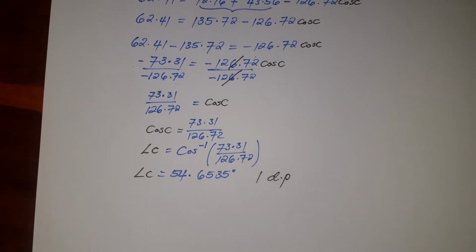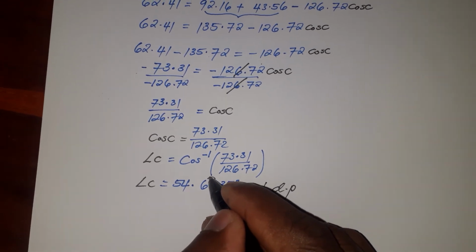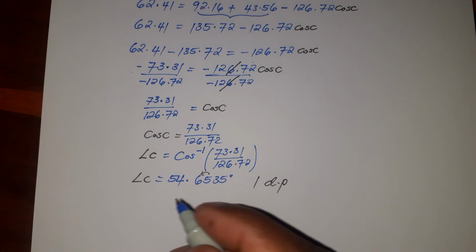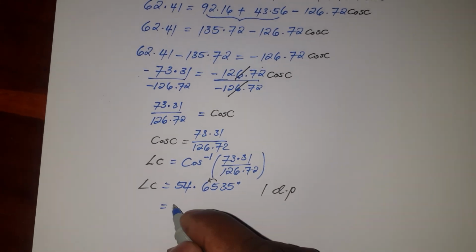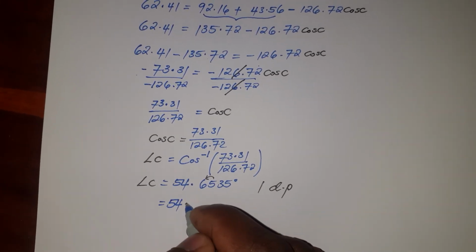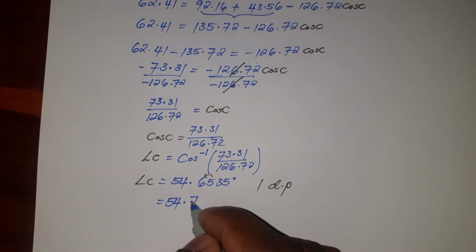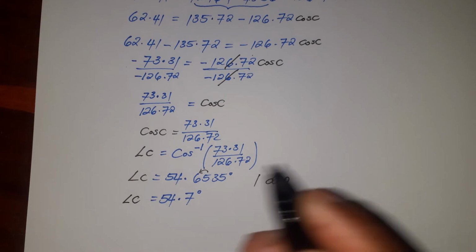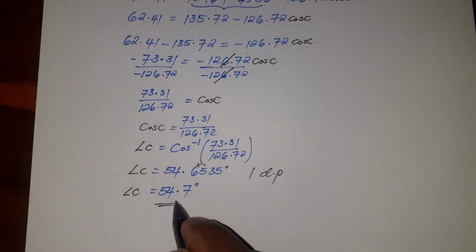It means this 5 will give 1 to 6 to become 7. Therefore, our final answer becomes 54.7 degrees. That is our angle C.